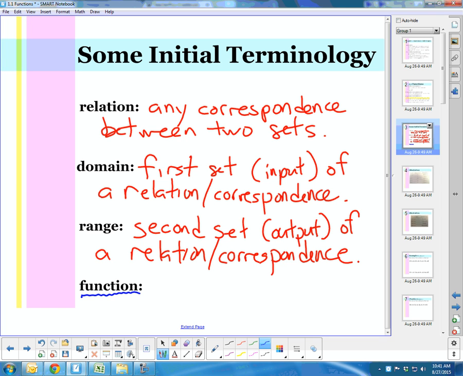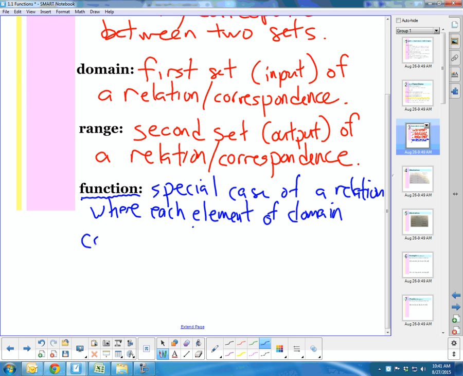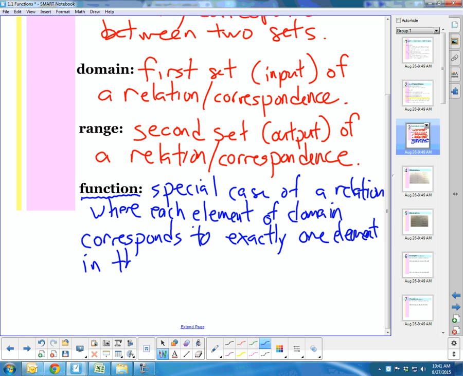A function is a special case of a relation where each element, that's each item, of the domain corresponds to exactly one element in the range.